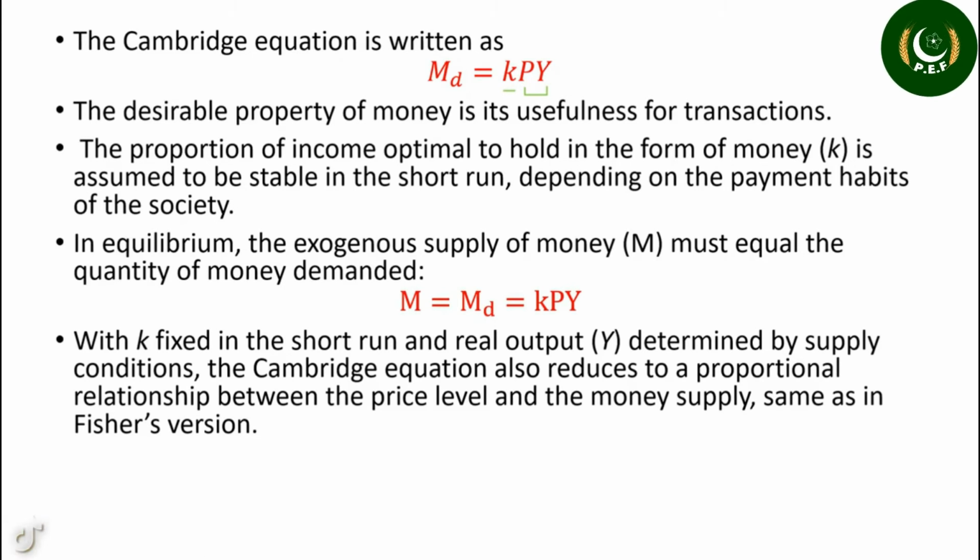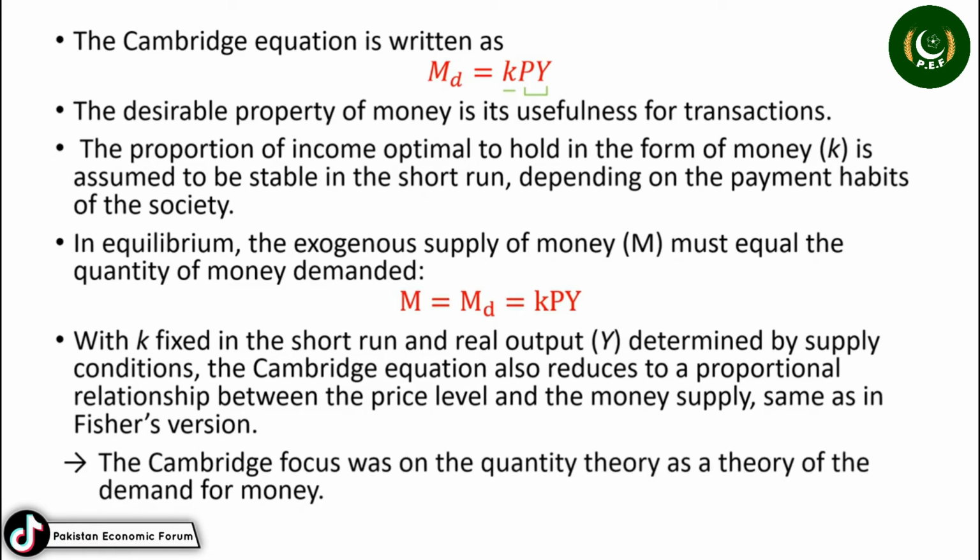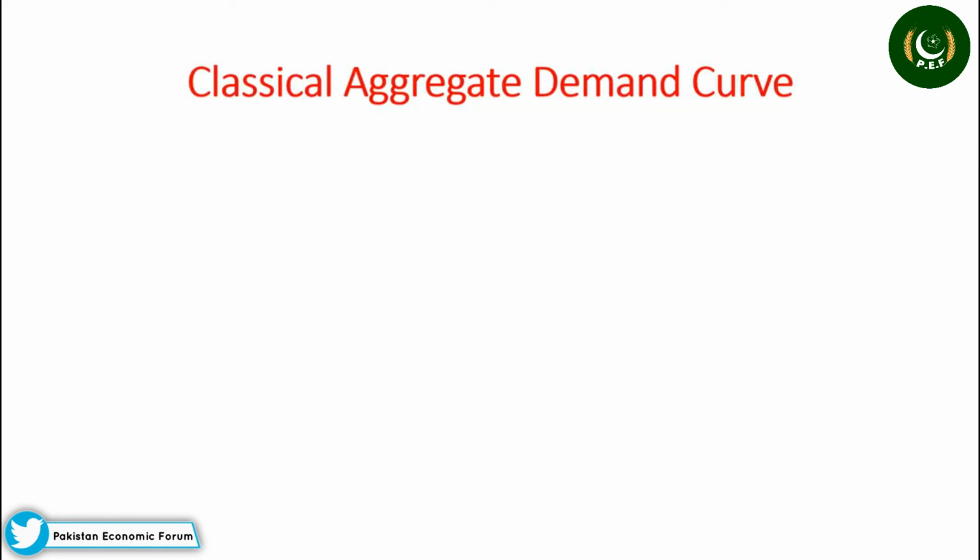Now, the aggregate demand curve. From Cambridge's quantity theory of money, we know that money demand is equal to K times nominal income.